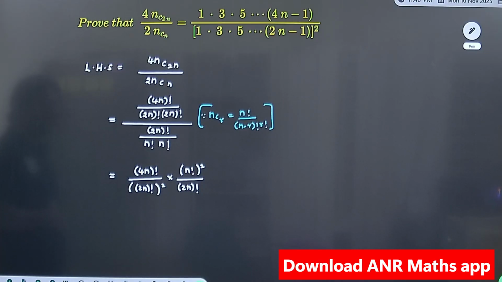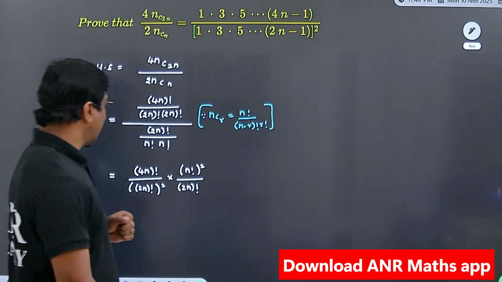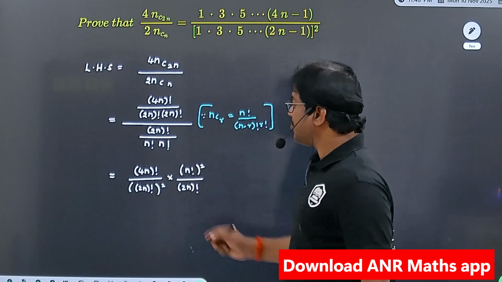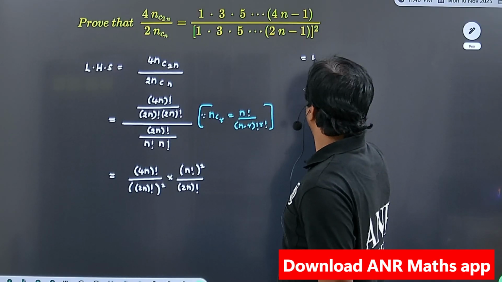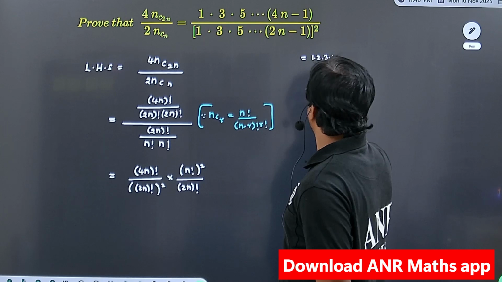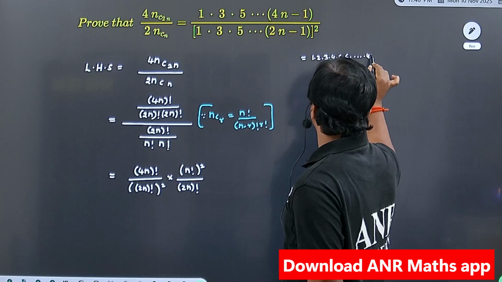Now, in the next step I can write 4n factorial as 1 into 2 into 3 into 4 into 5 into 6 and so on into 4n.